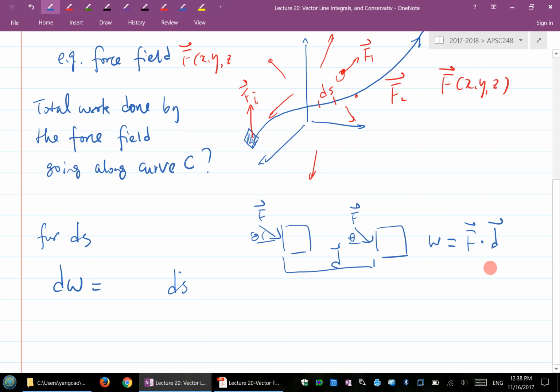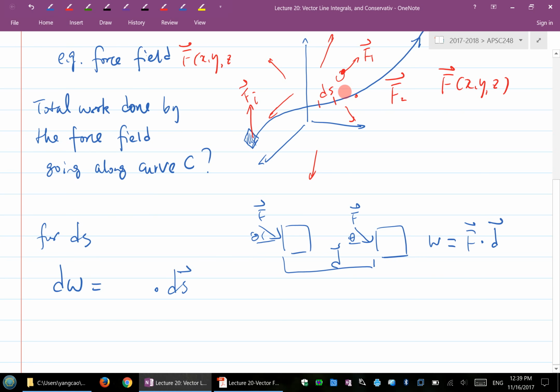Now I'm going to use a slightly strange notation. ds itself is a scalar quantity, but it's still a displacement concept, so I can still think of it as basically a vector, a displacement vector. And you have a force vector dot that small displacement.